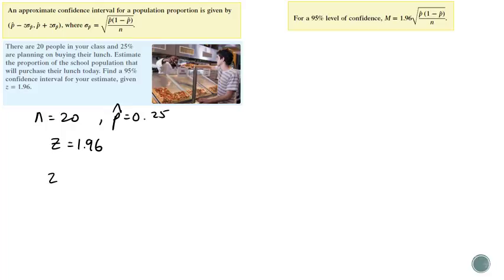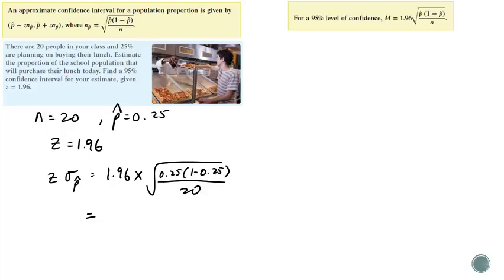So firstly, we need to find z times sigma, in which we have z being 1.96 times sigma on the right side, which is 0.25 times 1 minus 0.25, all over the number of people, which is 20. This then gives us 0.1898.